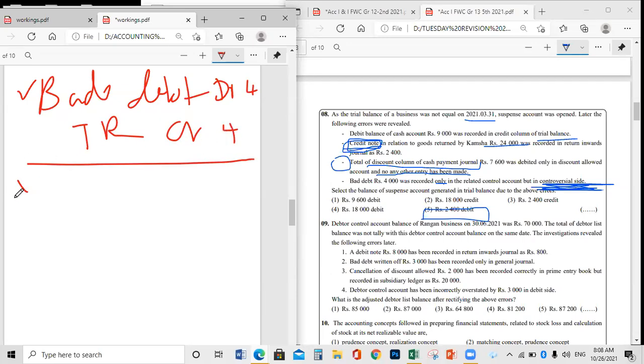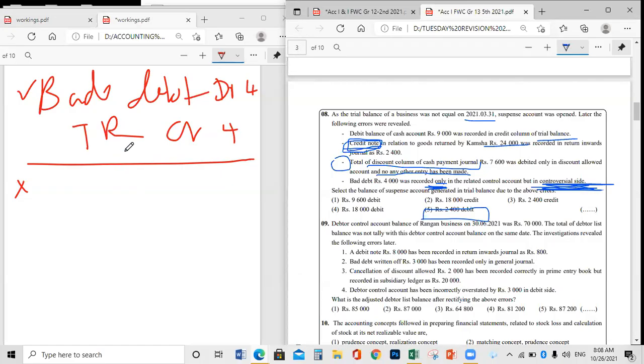What have they done? They have gone and recorded in the related control account, but on the opposite side. That means, guys, they say only. They are trying to say they didn't record in the bad debt account. Do you all agree with me?